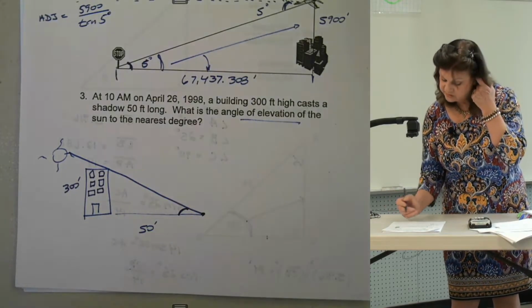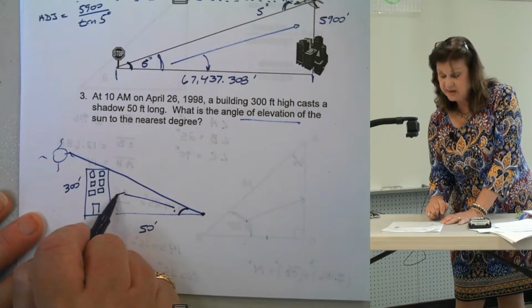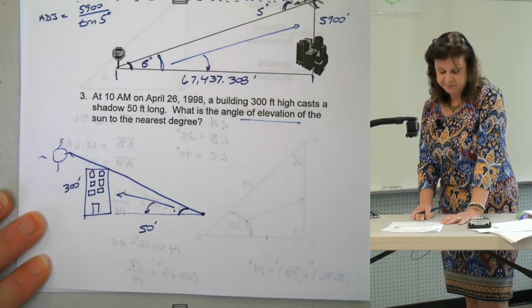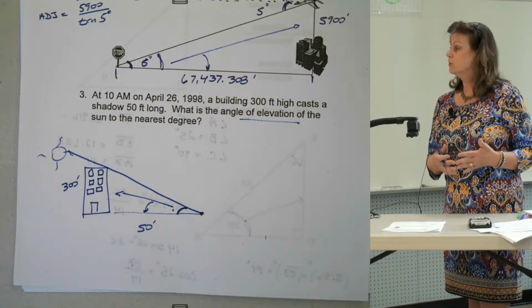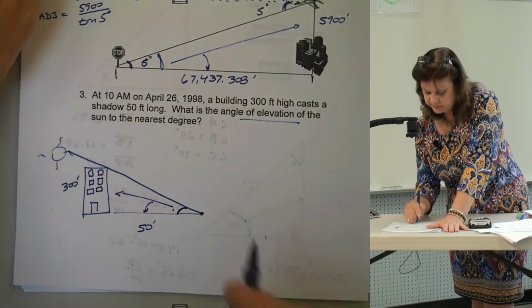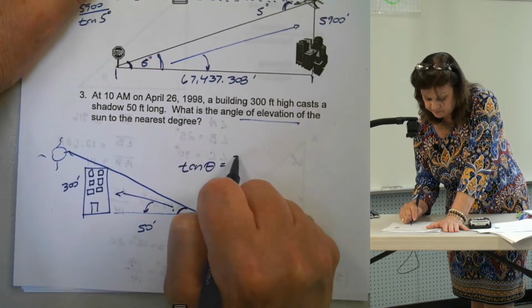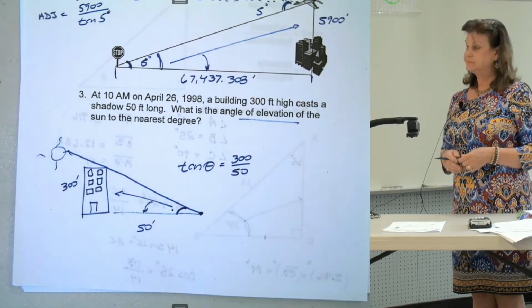Okay, so again, I've got some unknown angle here. I've got an opposite height of 300, and I have an adjacent height of 50. So what trig identity, or trig equation, brings in opposite over adjacent? Well, the tangent of some angle is 300 divided by 50.